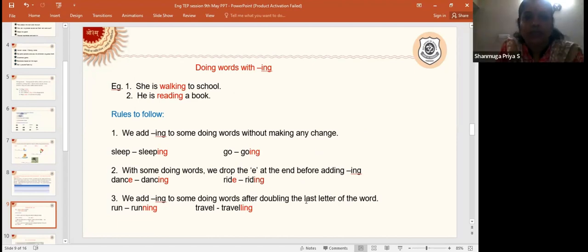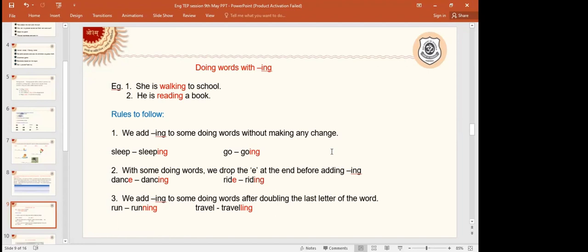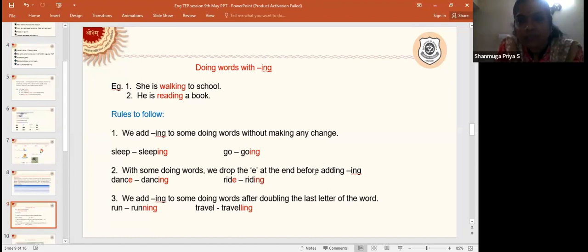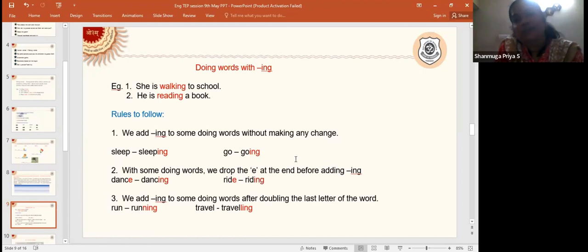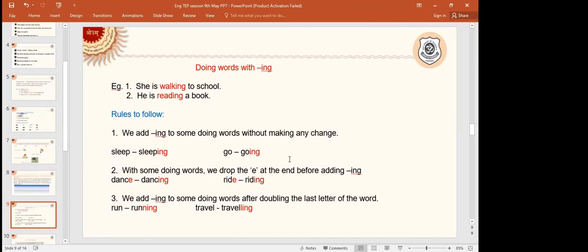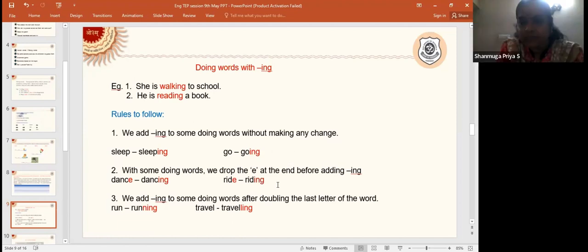Fall, falling. Sing, singing. Stitch, stitching. Wonderful, superb. Fight, fighting.